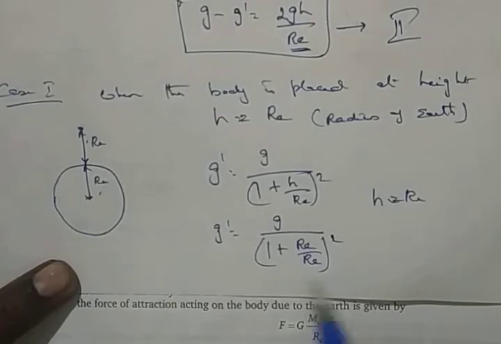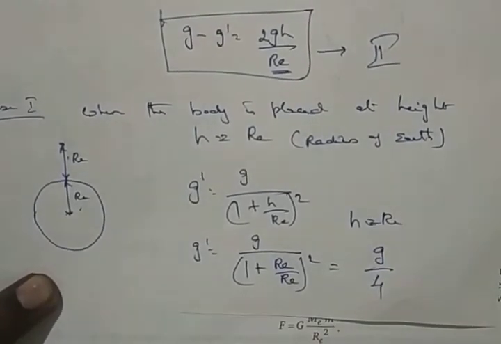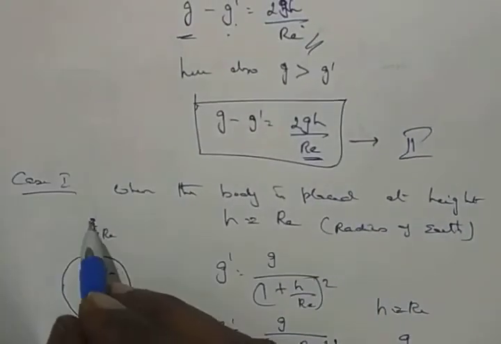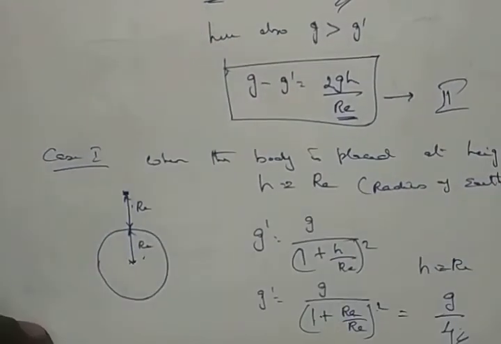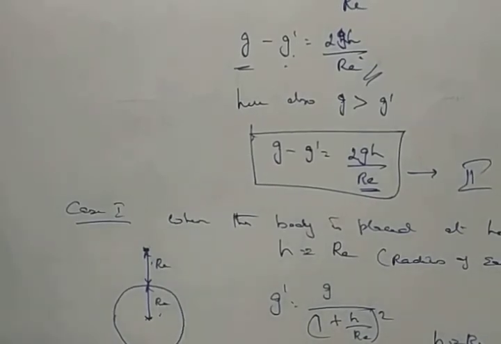Finally you will get G by 4, where this will get cancelled, it will become 1, 1 plus 1 is equal to 2, 2 square is equal to 4, so G by 4. So at this point of time, what will be the acceleration due to gravity? It is 9.8 divided by 4. That will be the acceleration due to gravity.